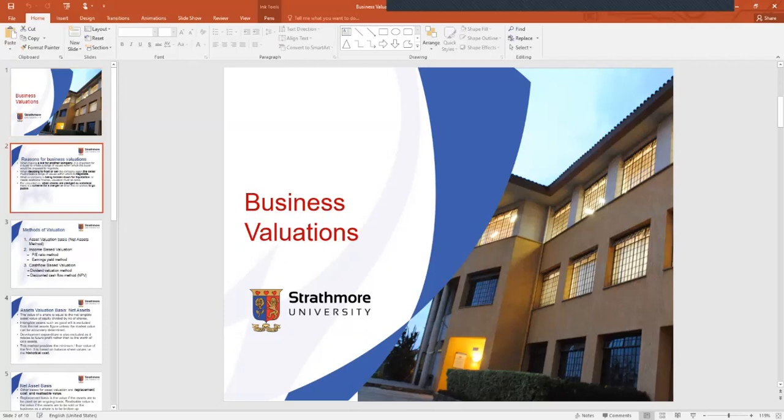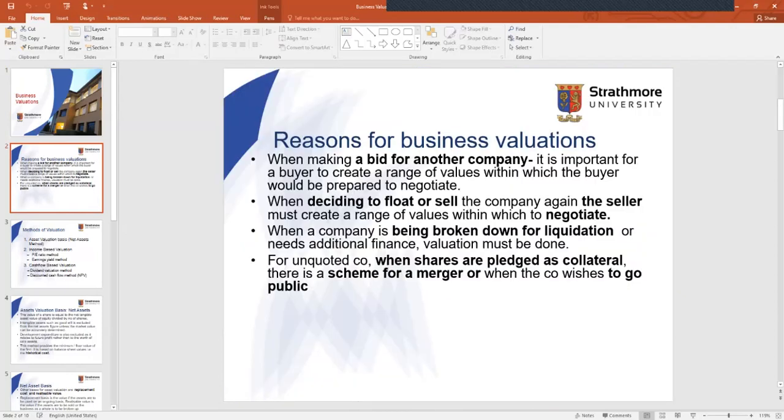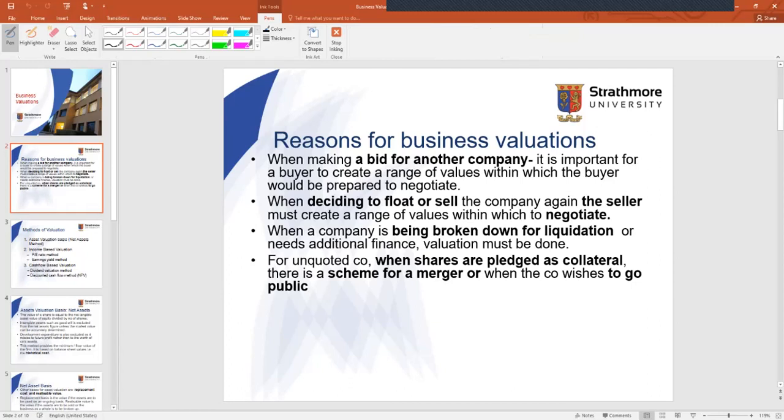Now, why would you want to do valuation? What would be the driver behind wanting to value the entire business or a given financial instrument? A number of things may prompt you. For example, an acquisition is being floated, and some company would want to buy you out. You want to determine how much you should sell your company for, or how much you are willing to pay for the shares this company wants to acquire.